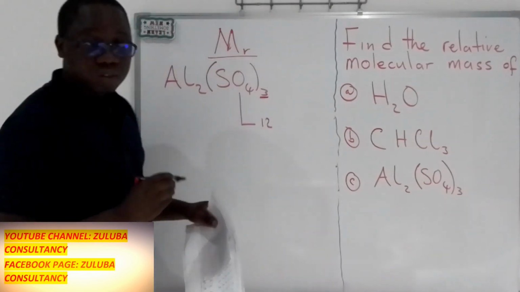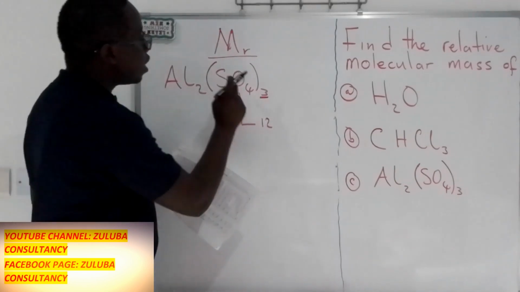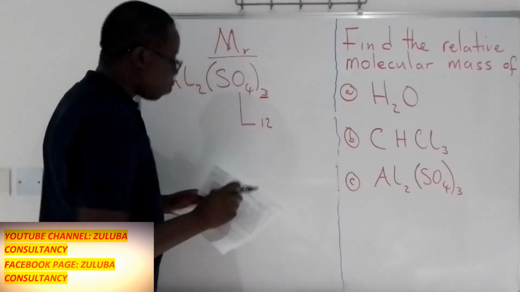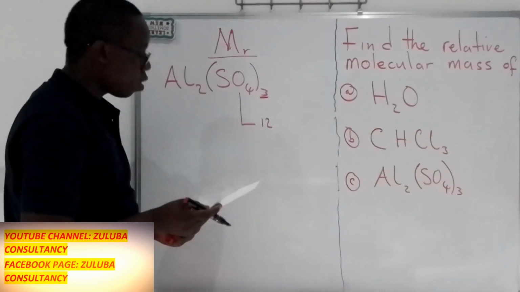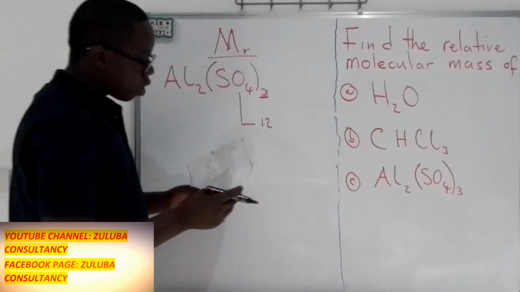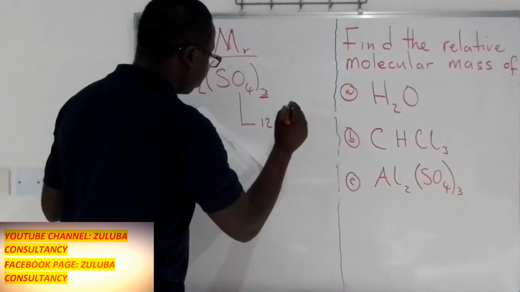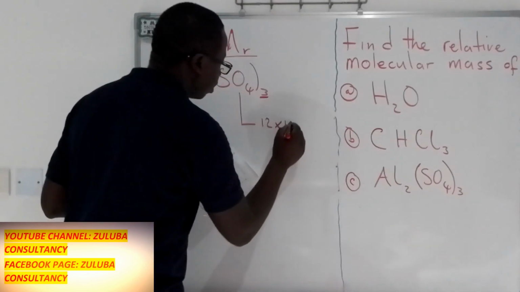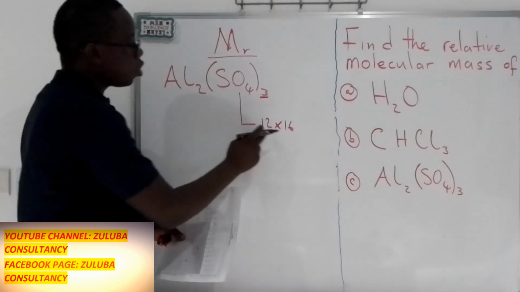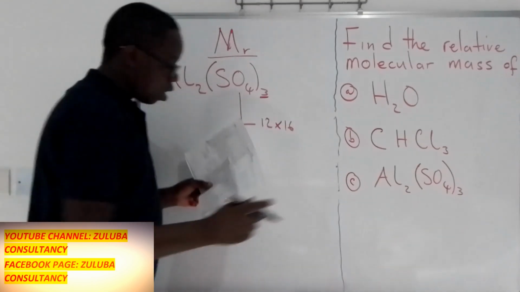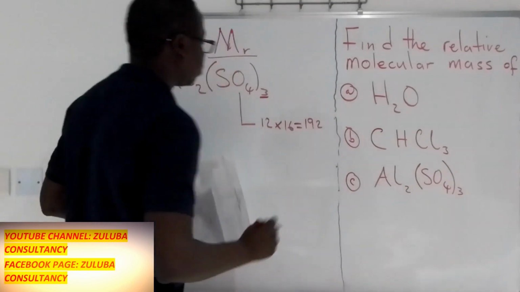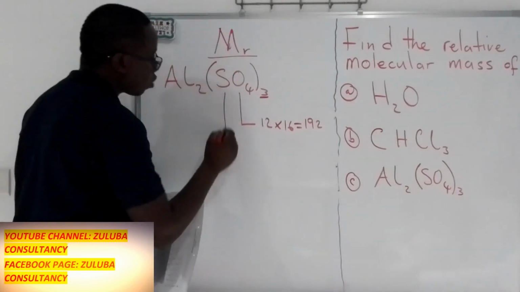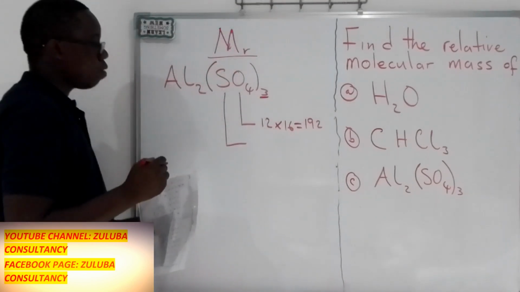So 4 times 3, it will give us 12. Then we get the relative atomic mass of oxygen, which is 16. And when we multiply 12 times 16, it gives us 192. Then we come to the next one, which is sulfur.